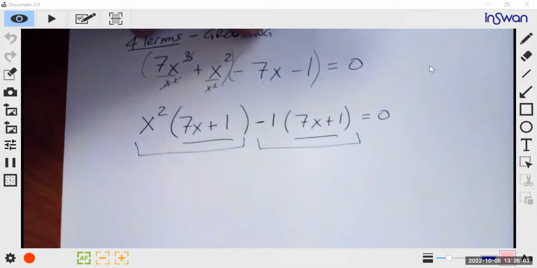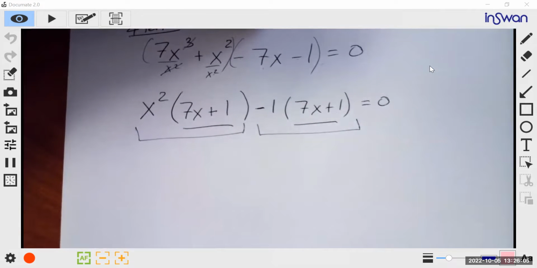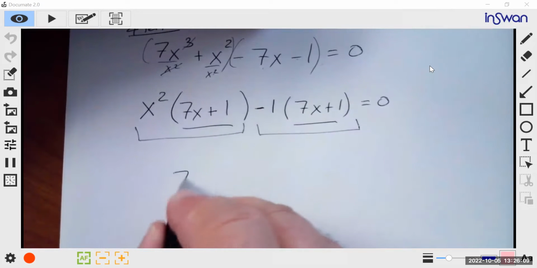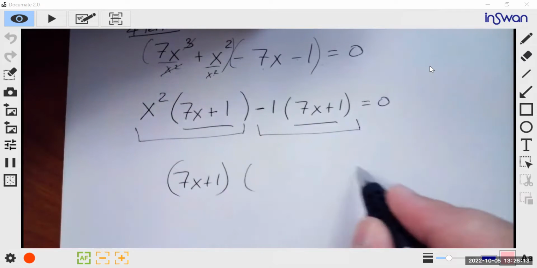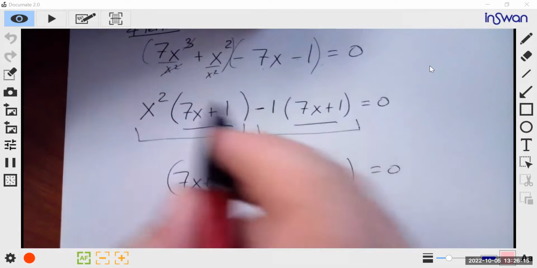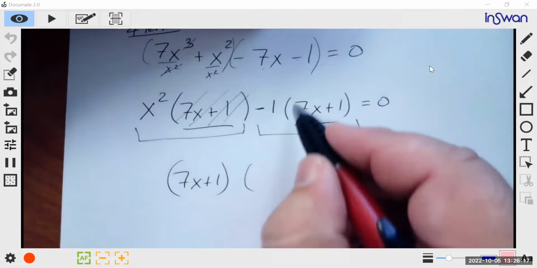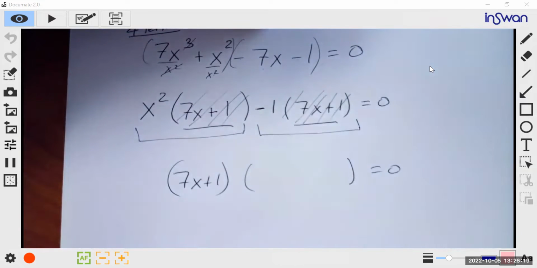2 terms. What do they have in common? The 7x plus 1. I can factor that out. If I take out the 7x plus 1, what do I have left?